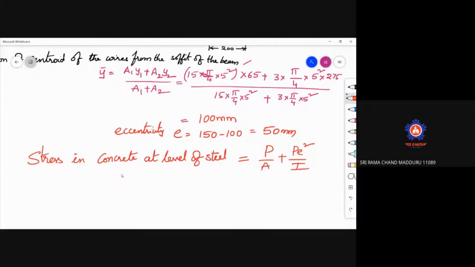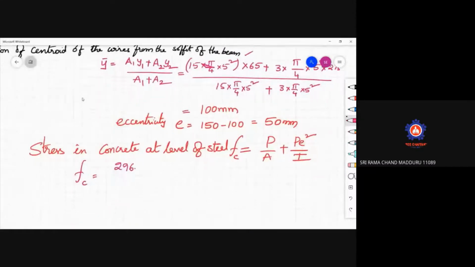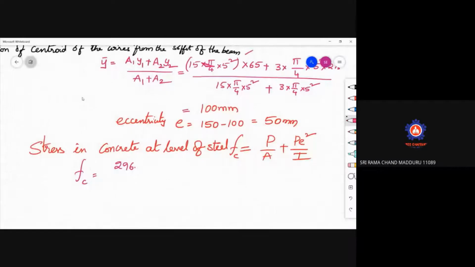Plus P by A plus P into E, and we are writing it as Fc. So Fc is equal to P, capital P. How much did you get? 296.88 into 10 cube by area of the cross section.